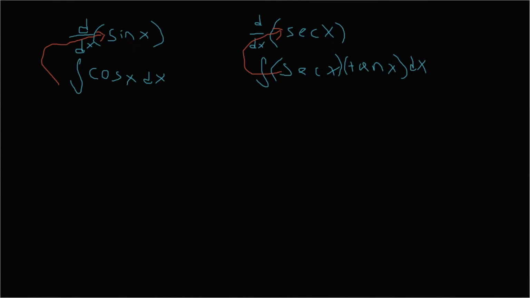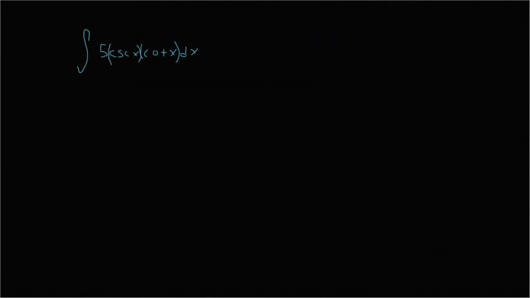So now let's do a problem. Alright, so we have this integral of 5 cosecant x cotangent x dx. And what we can do is say, hey, this 5 is a constant coefficient. There's no variable involved. So we can move this out front, so we don't have to worry about it until just shoving it in at the end. And if you remember, the derivative of cosecant is negative cosecant cotangent.